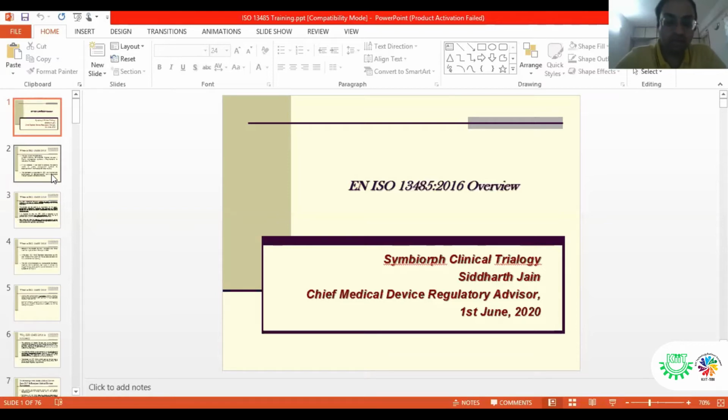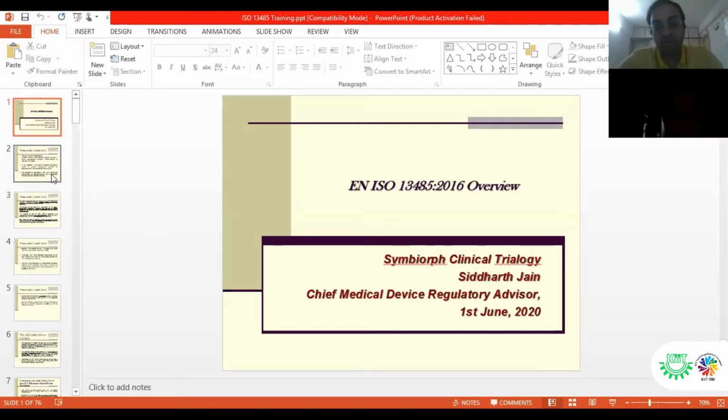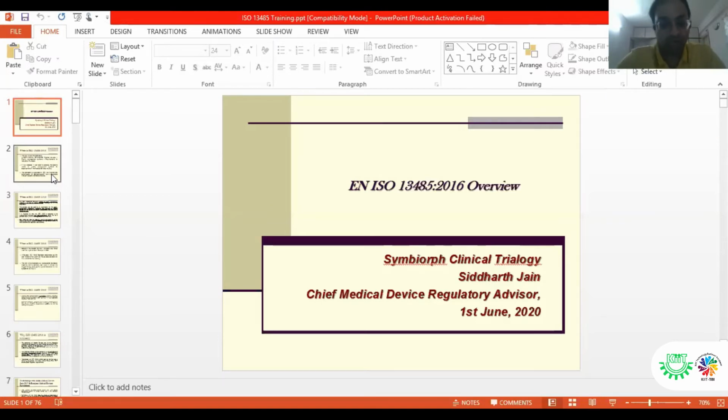What are the different clauses of ISO 13485 which become mandatory for your organization, and how to choose the notified body, what are the parameters for identifying the correct notified bodies, and then at the end we will look at how CAPA should be raised, how to do corrective and preventive actions for any non-conformities you have seen in your system.